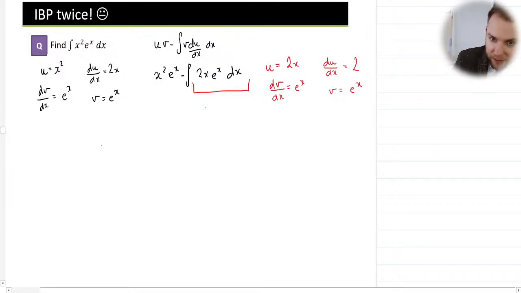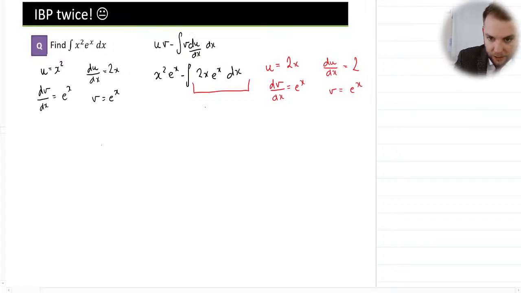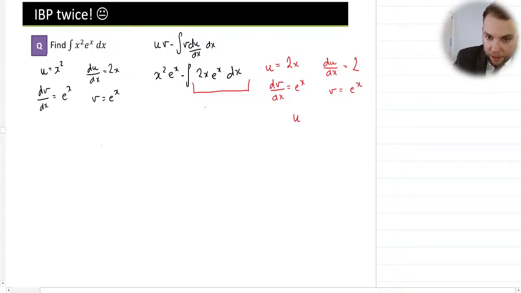So when I'm doing this one here, let's literally write it out again. I'll do it in red, actually. So it's going to be uv minus the integral of v du by dx with respect to x. So u is equal to 2x times v, which is e to the x, minus the integral of v, which is e to the x, times du by dx, which is 2.